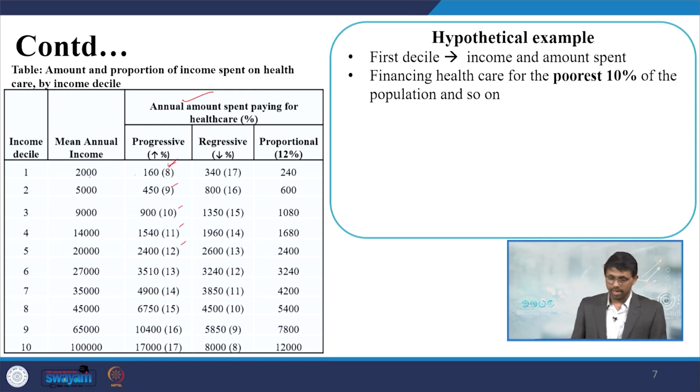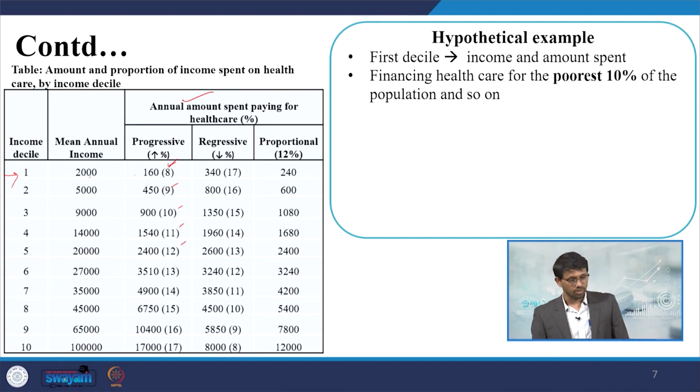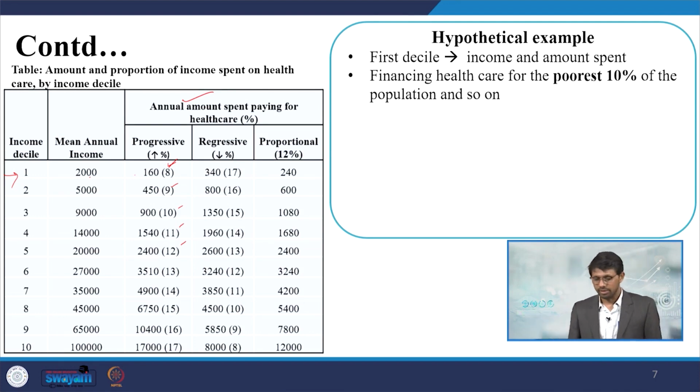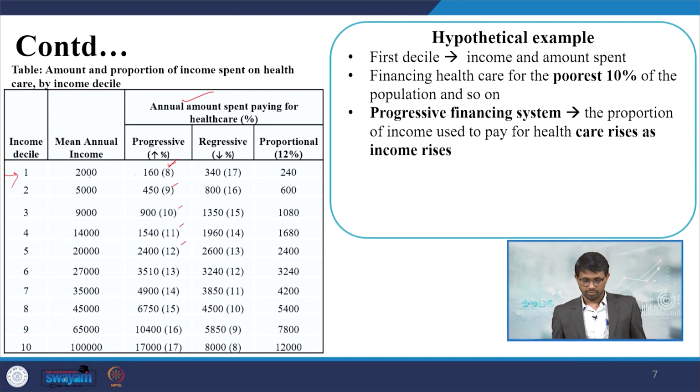Another interpretation so far as financing is concerned: the poorest 10% of the population are spending 8% for their healthcare, and the topmost, the richest 10%, are spending 70% of their income on healthcare.